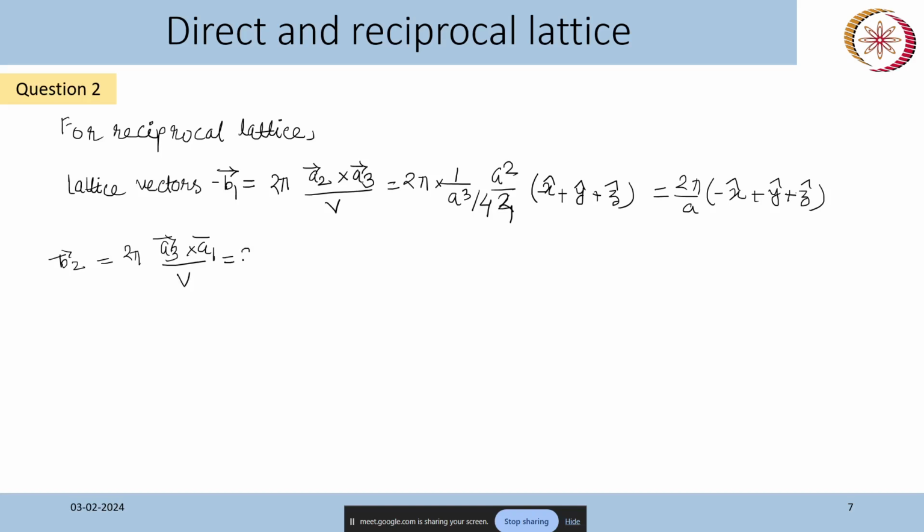So that will be 2 pi into 4 by a cube. So let's do A3 cross A1. What was A3?